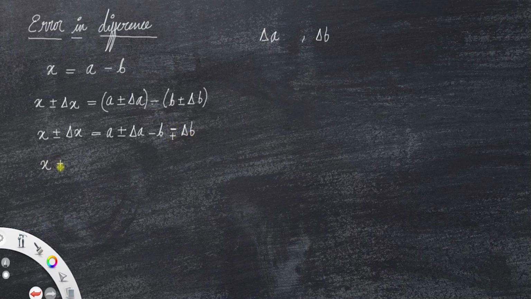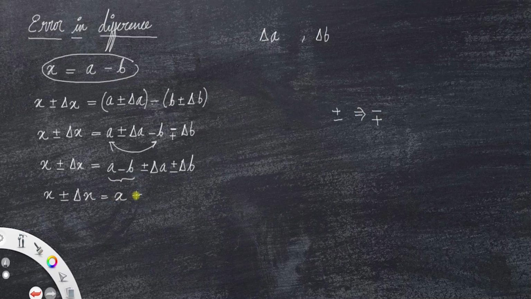So this will be x plus or minus delta x is equal to, you can combine this one, which is a minus b, now plus or minus delta a. You can write this minus or plus like plus or minus itself. Clear? See, plus or minus is equal to minus or plus. Both are the same. So x plus or minus delta x is equal to, this one you know it is x itself.